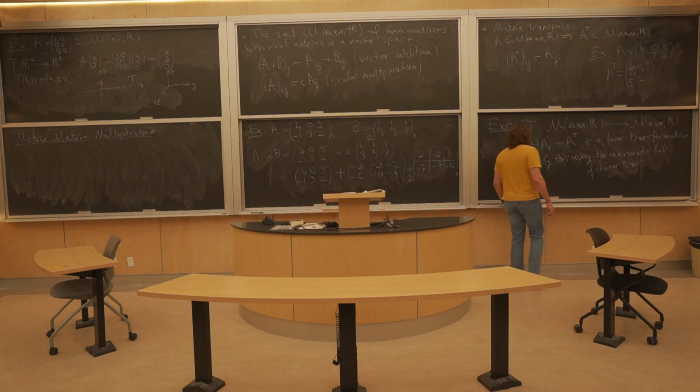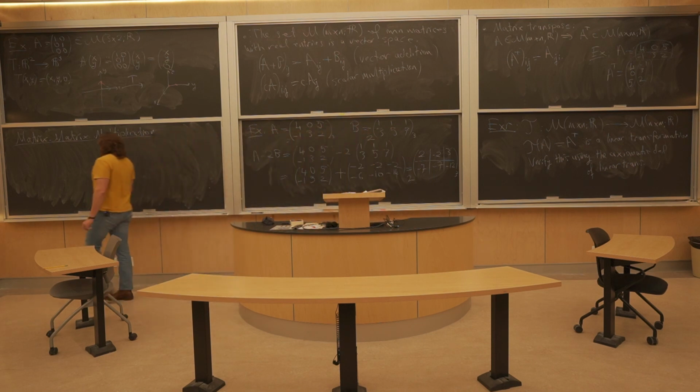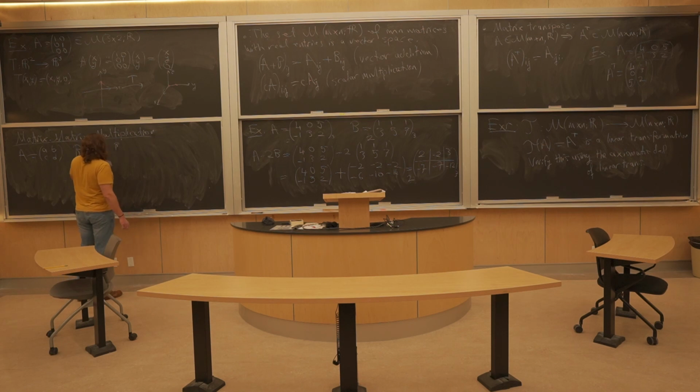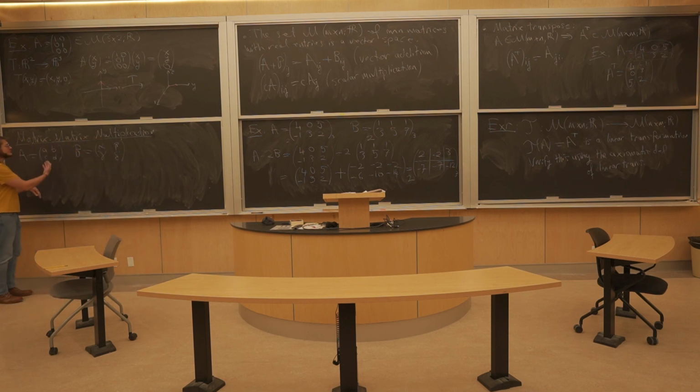Let's let A be the matrix whose entries are a, b, c, d, and let's let B be the matrix with entries alpha, beta, gamma, and delta. These are just the Greek analogs of these letters. So I can think of both of these as linear transformations of the plane.